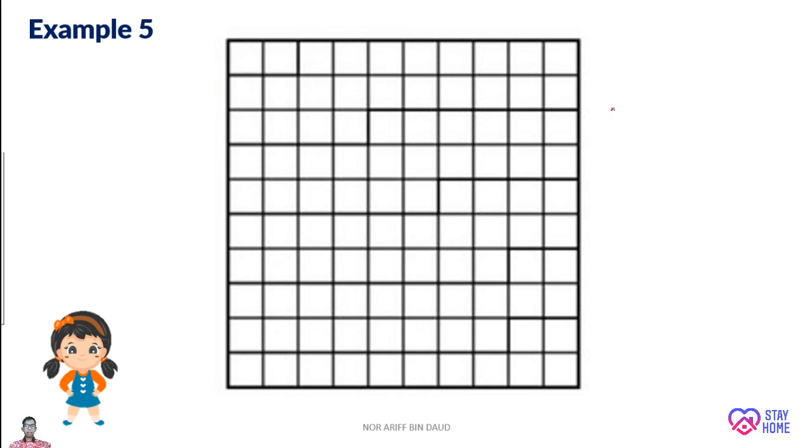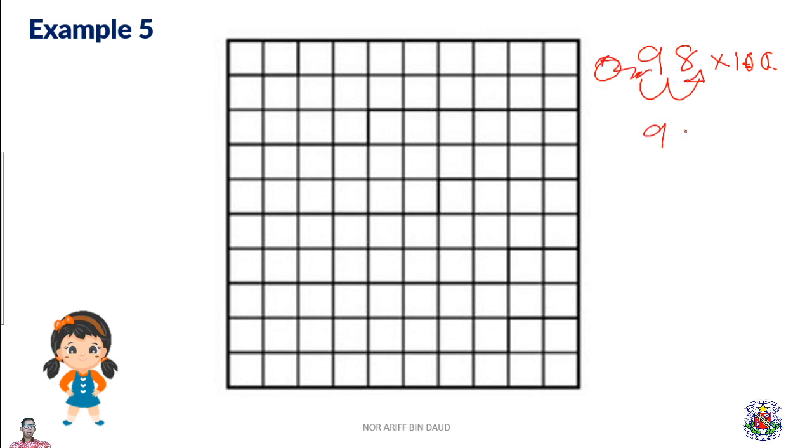Okay, next example. Example 5, I have this kind of question. 0.98. I want to convert this into a fraction first. So times by hundreds. How many 0s? 2 0s. So 1, 2.